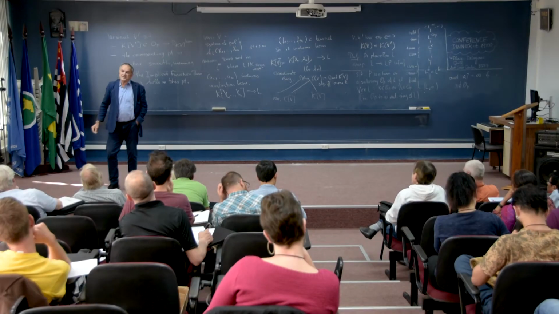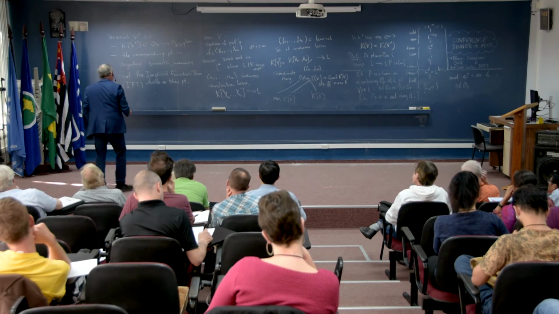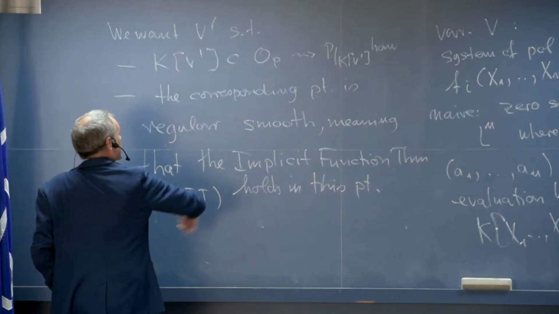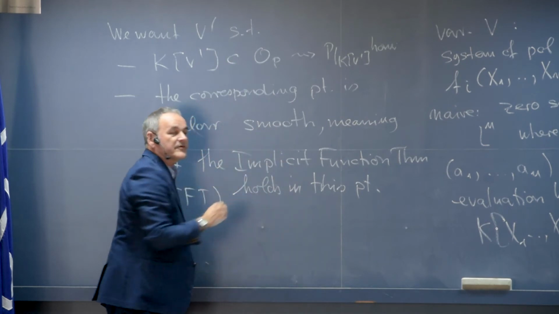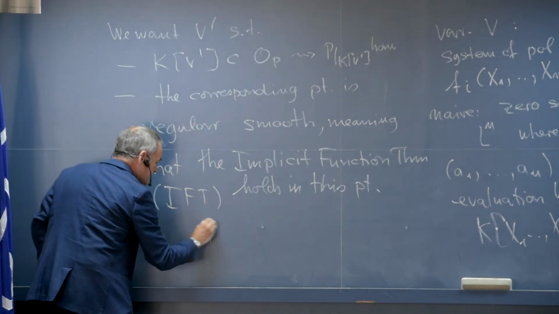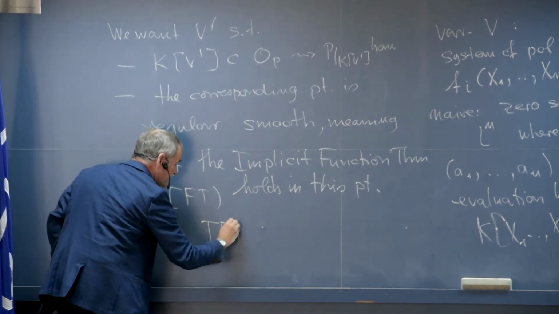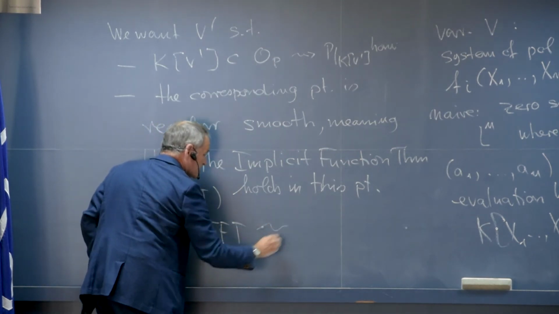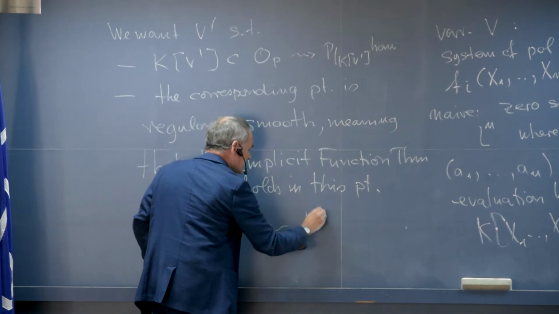Okay, and that's good because, now that I'm looking for smooth, I can do valuation theory, and the background is that the implicit function theorem is very close to, so to say, a reformulation of Hensel's lemma.